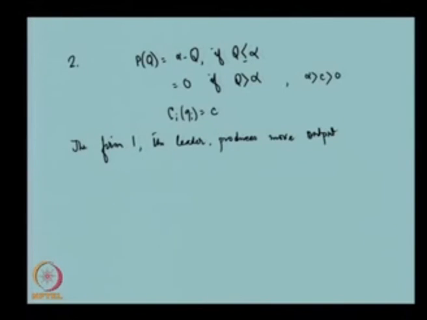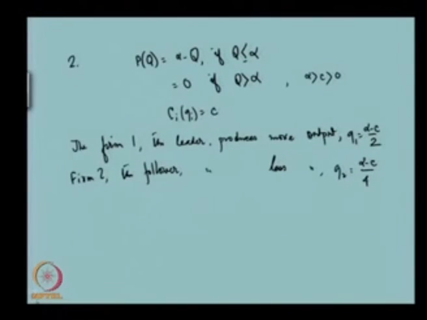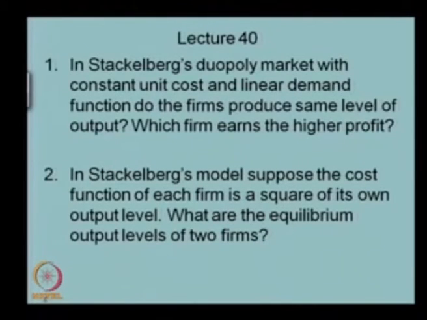It is given by q1 equal to (alpha minus c) divided by 2. Firm 2, the follower, produces less output given by (alpha minus c) divided by 4. Okay. So, there are differences in output levels.